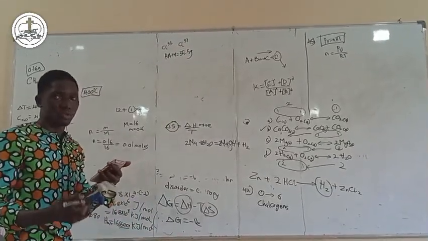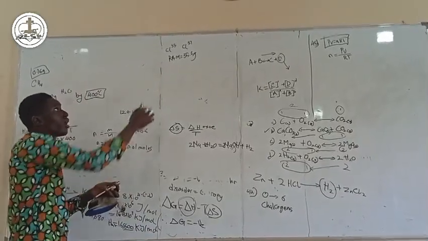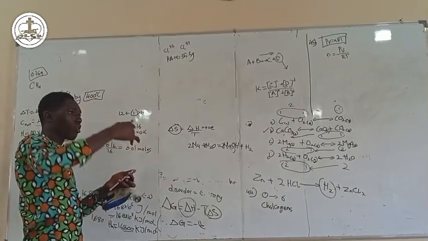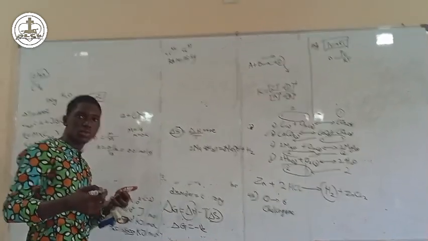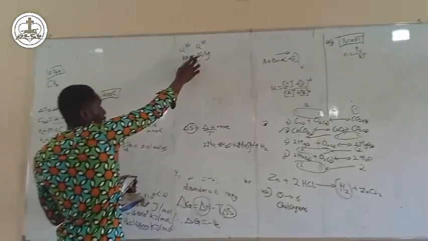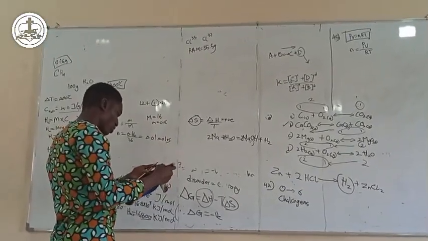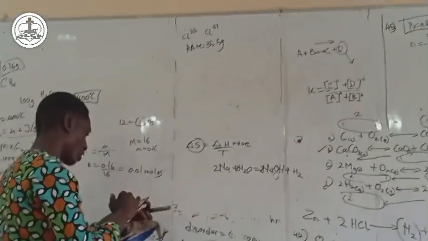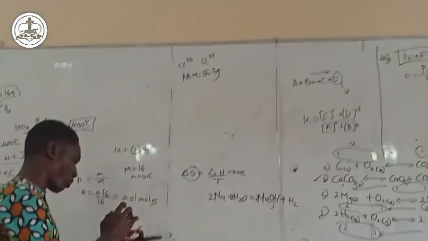Since there are isotopes present, we take the average of them based on the percentage in which they appear. That's what we call the relative atomic mass, which they mentioned there as 35.5.